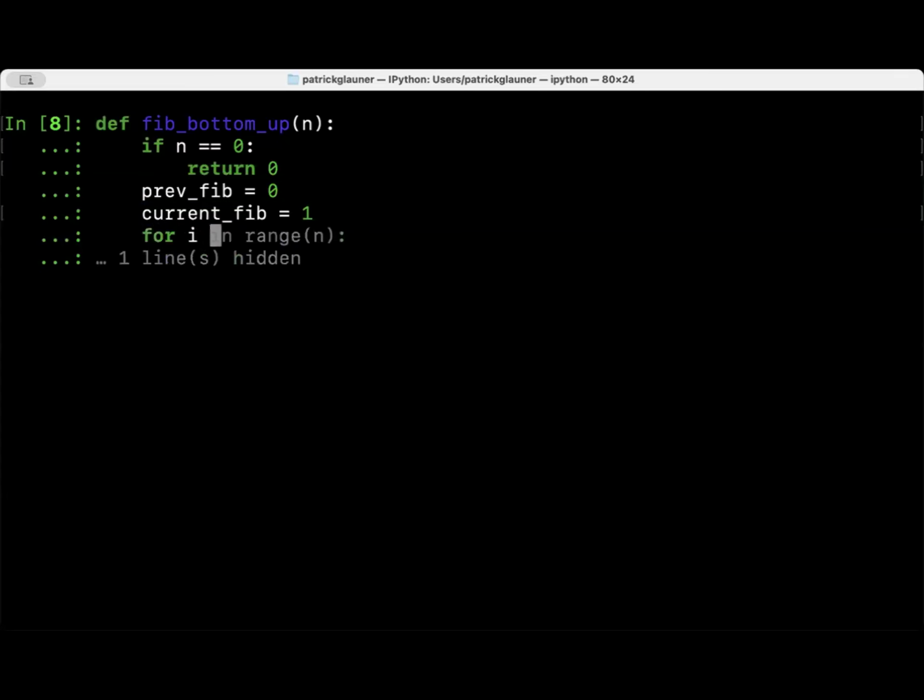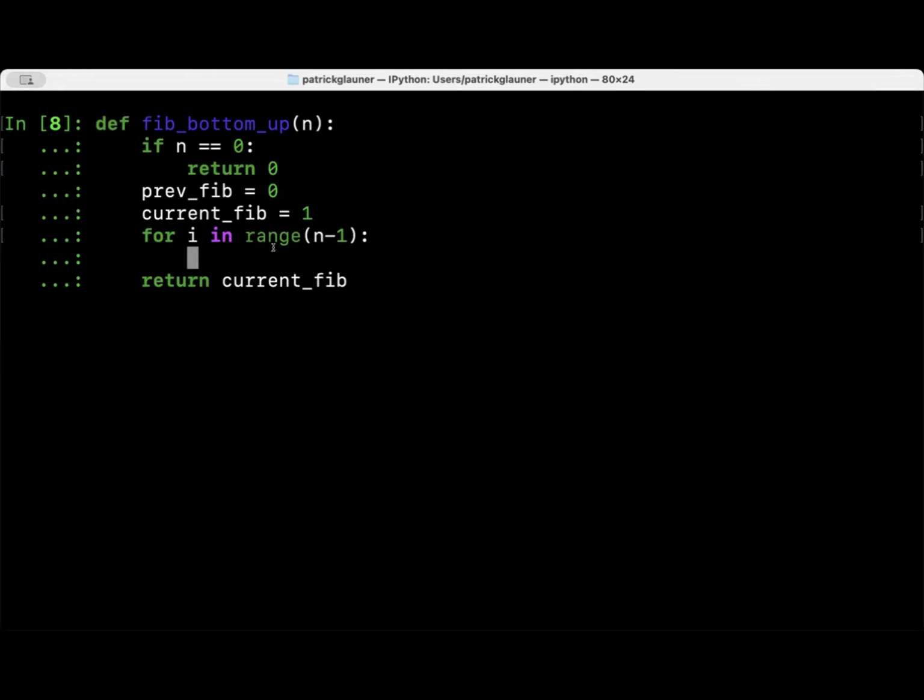And so I say for i in range of n minus 1, you will see in a moment why it's n minus 1 and not n, because I have these two helper variables and I keep adding them together, but I already have the 0th and the first one, and then I need to run to n minus 1 and not to n because of the two helper variables.